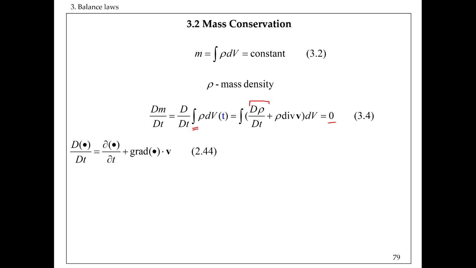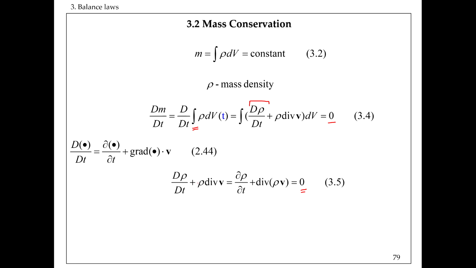So we can then go from this integral form into the local form, basically dropping all the integrals. So we can write that the change of mass is equal to 0, and that is written as a certain condition on the mass density rho.